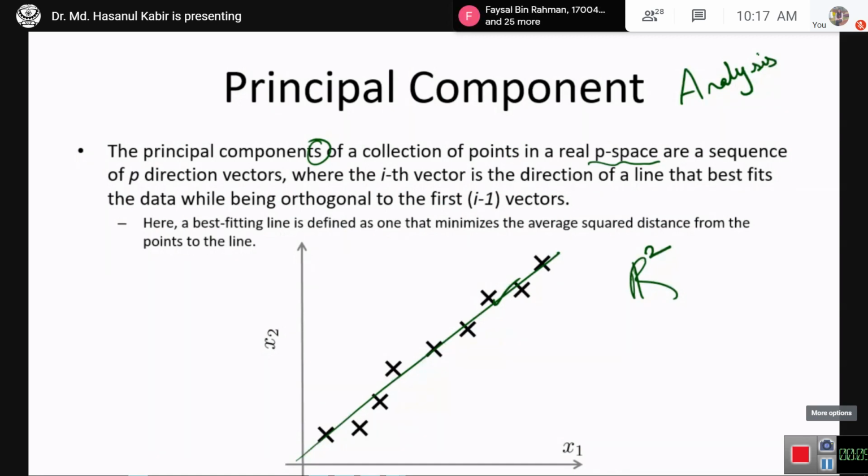Yes, sir. And the second task will be to use these principal components to further analyze the data. And how do we further analyze the data? In this case, we'll try to reduce the feature dimensionality. Okay, is this clear? Yes or no? Okay, let's move on.